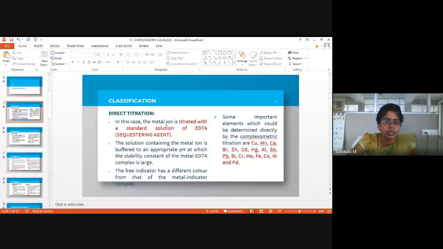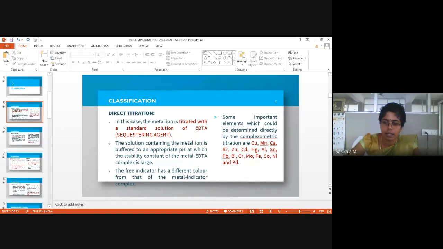So it forms a complex with the metal ion. The metal ion will be attracted, and EDTA acts as the ligand here. You will see the term metal ligand complex in textbooks. Metal represents our sample, and the ligand, or chelating agent, sequestering agent or complexing agent, is EDTA. The ligand binds with the metal ion.